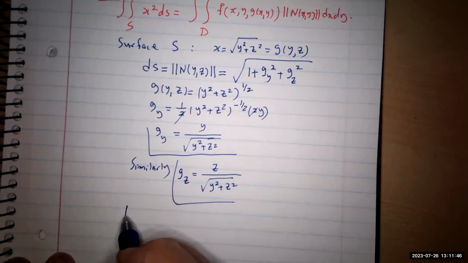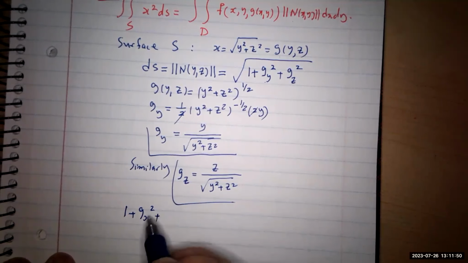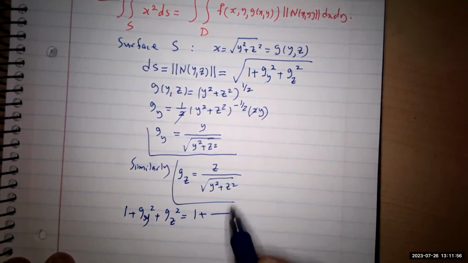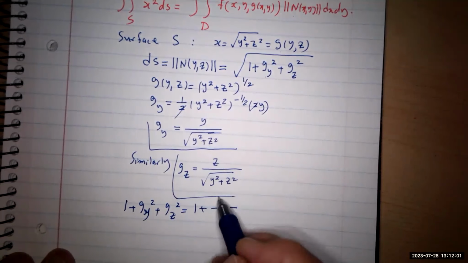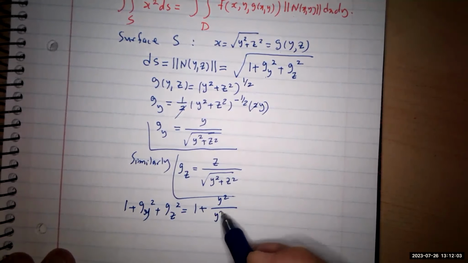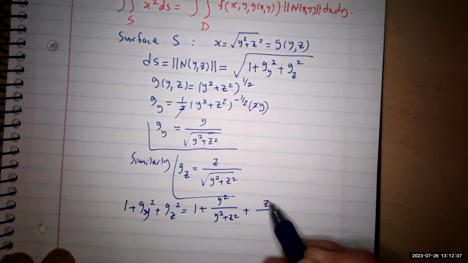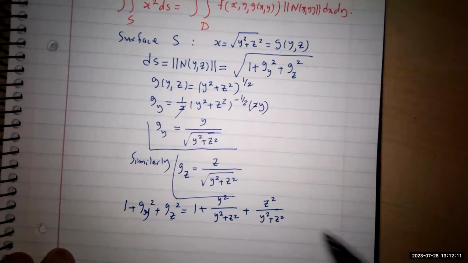So find what 1 plus g_x squared, g_y squared and g_z squared is going to be. So it's going to be 1 plus, if you square it, y squared over y squared plus z squared plus z squared over y squared plus z squared.